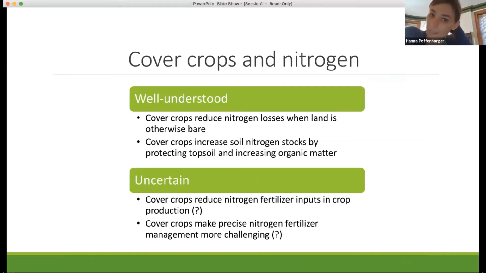And also by having that cover crop take up that reactive nitrogen and then build biomass, it's taking nitrogen that could have been lost in the system and turning it into organic matter that can increase the soil productivity over time. On the other hand, there's still some uncertainty about how nitrogen fertilizer management should be adjusted in systems that include a cover crop.